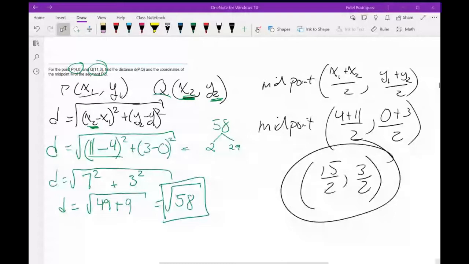So look, let me check something real quick. I'll tell you what, I'm going to do it this way, because it does say using integers or fractions. So the only reason I would do it with fractions, I would say 15 over 2, and the other one was 3 over 2.